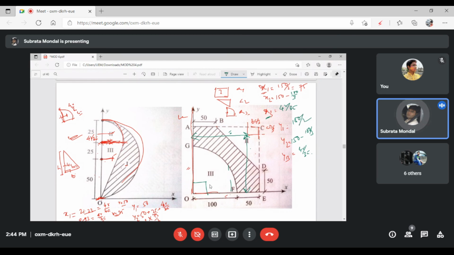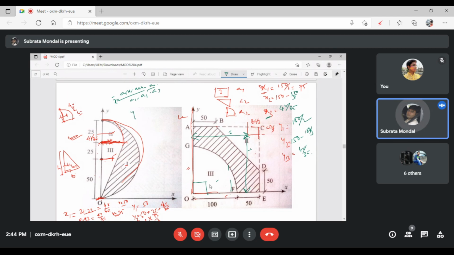Now from 1 you have to subtract this 2 and 3. Here also from 1 you have to subtract 2 and 3. Means the x bar will become a1 x1 minus a2 x2 minus a3 x3 divided by a1 minus a2 minus a3.